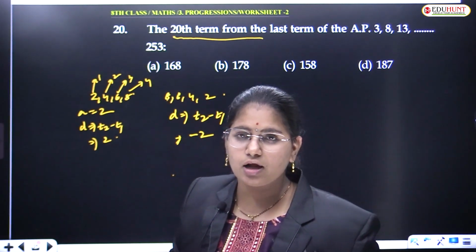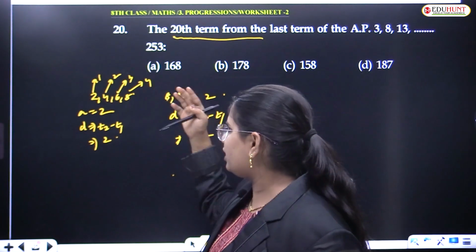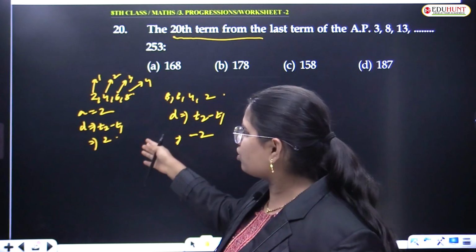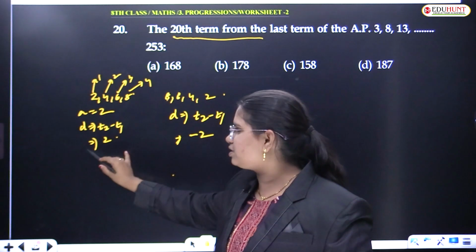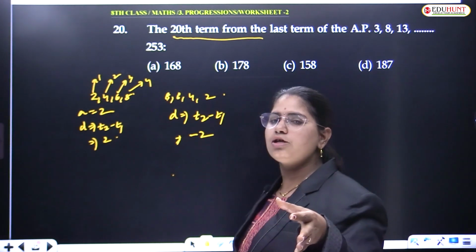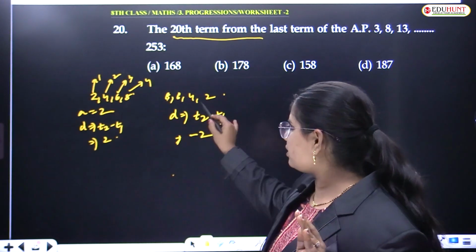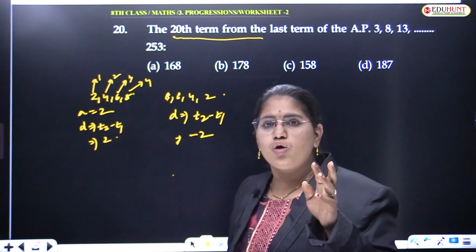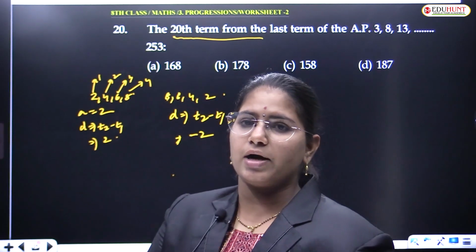Please notice from this example: when the terms are in increasing order, the common difference D is 2. But if you take the same terms of an AP in a decreasing order, the common difference changes, so here D becomes minus 2.